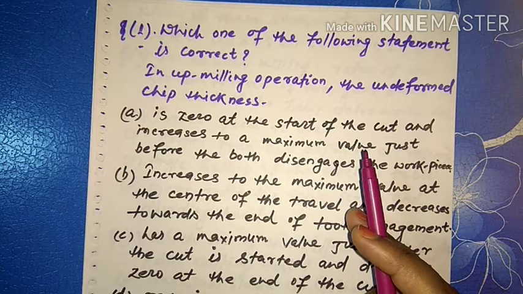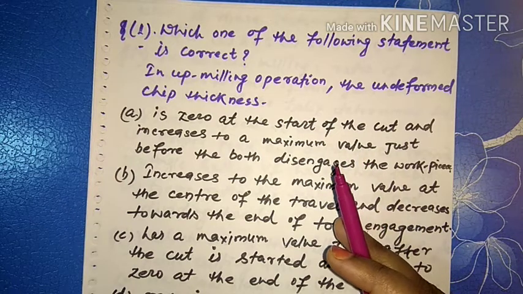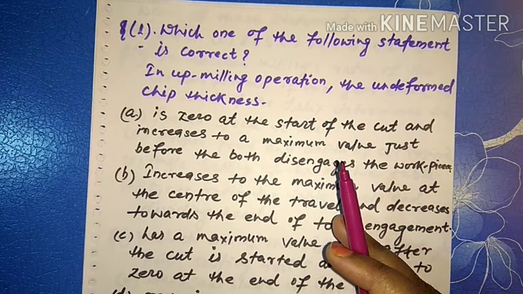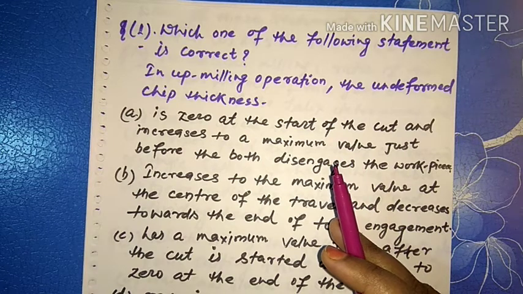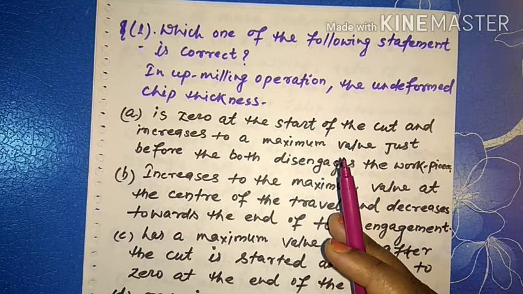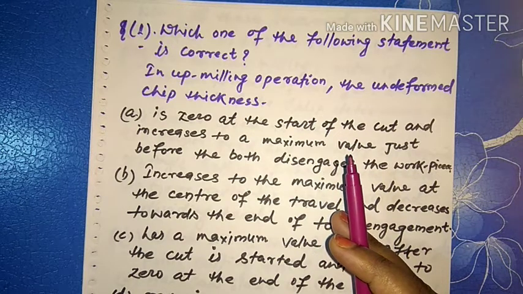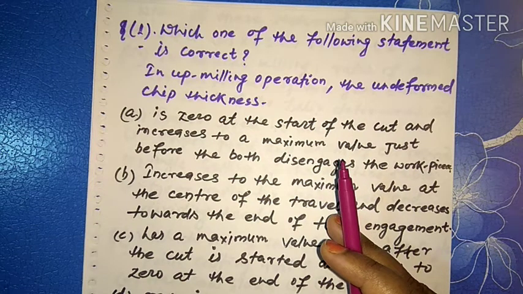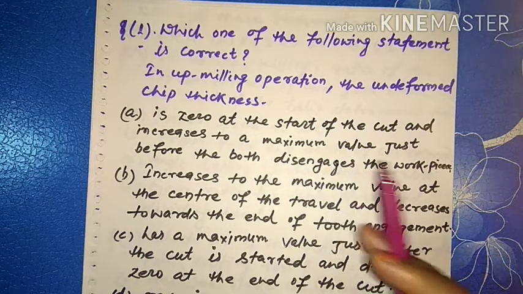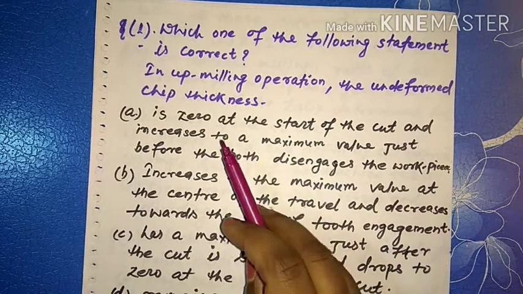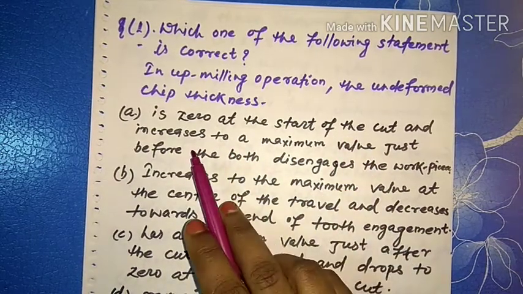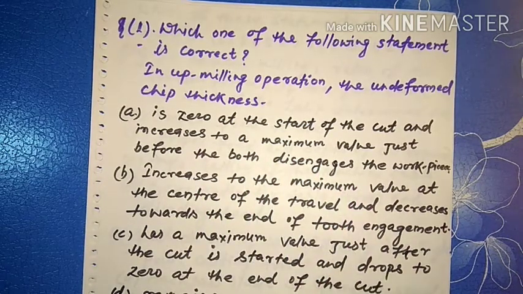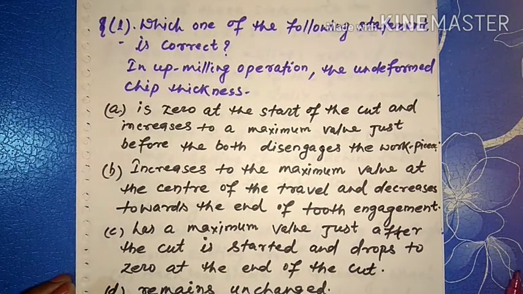That means when cutting starts, at that time the undeformed chip thickness is 0, and increases to a maximum value just before the tooth disengages the workpiece. It increases to the maximum value until the tooth disengages from the workpiece. It reaches the maximum value just before the tooth disengages from the workpiece. That means my option A, 0 at the start of the cut and increases to a maximum value just before the tooth disengages the workpiece, is the correct answer. So option A is correct answer.